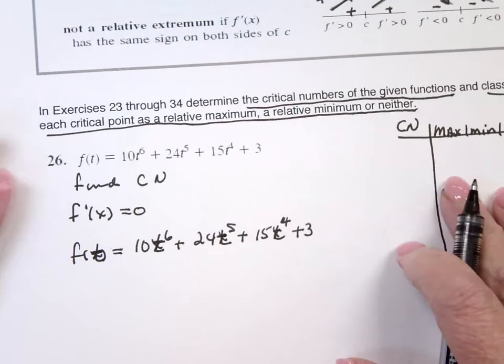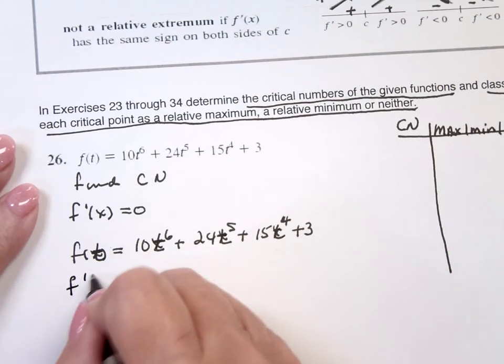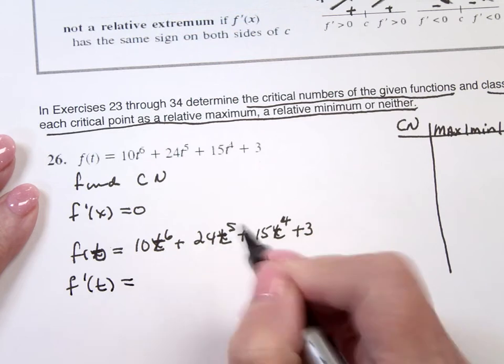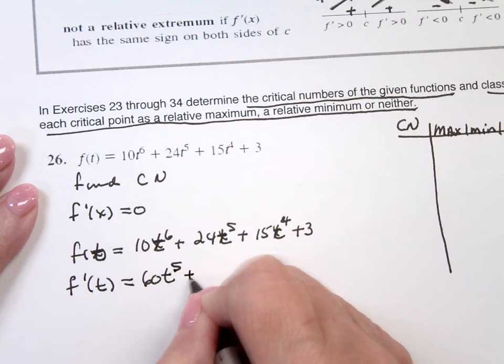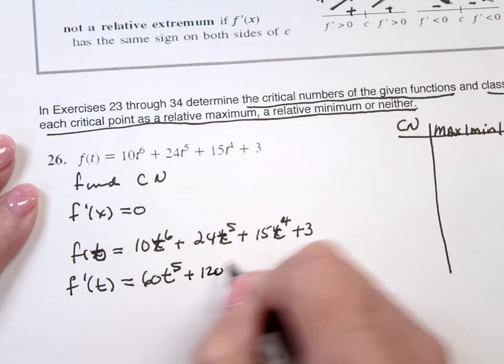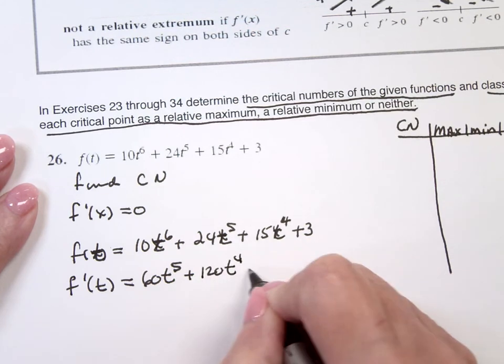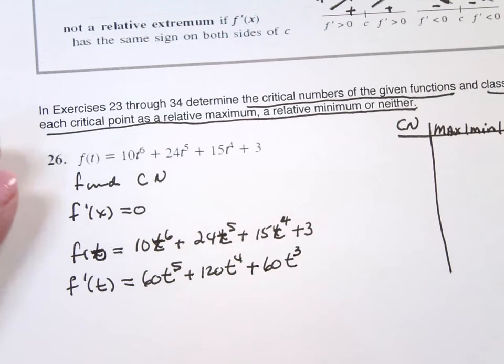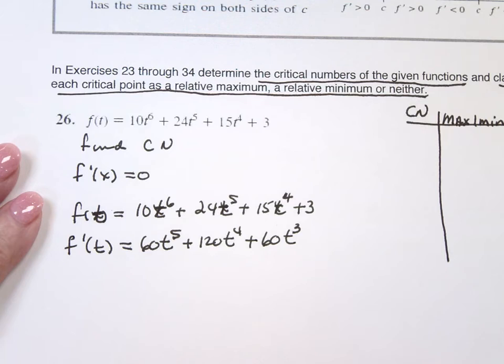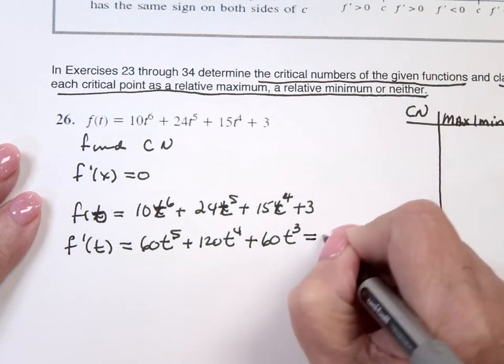So f prime of t is 60t to the fifth plus 120t to the fourth plus 60t cubed. I want to take f prime, set it equal to 0.